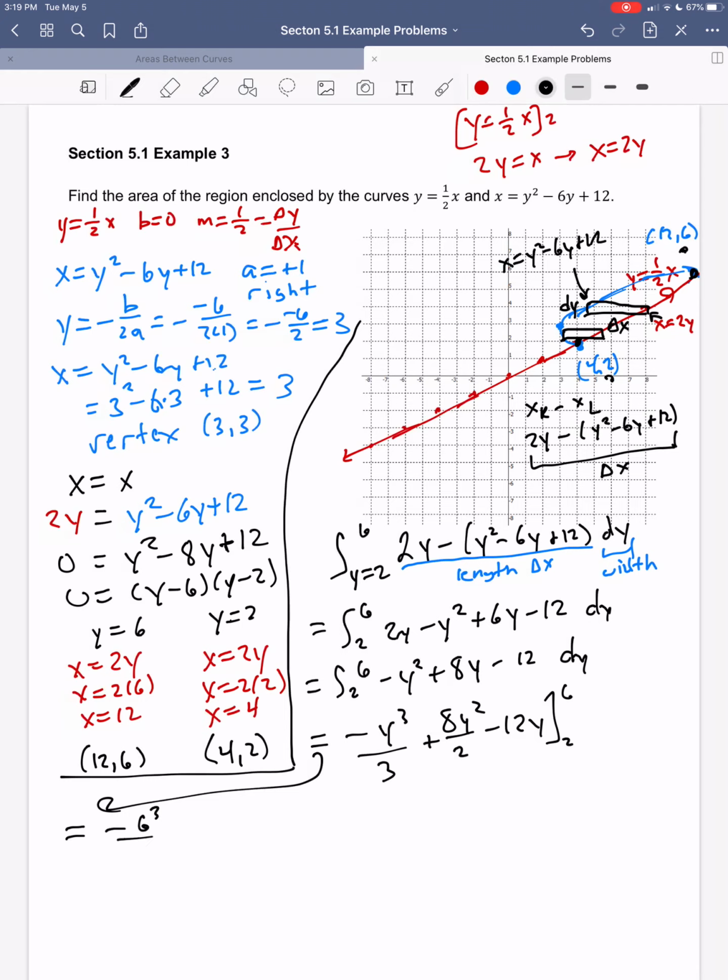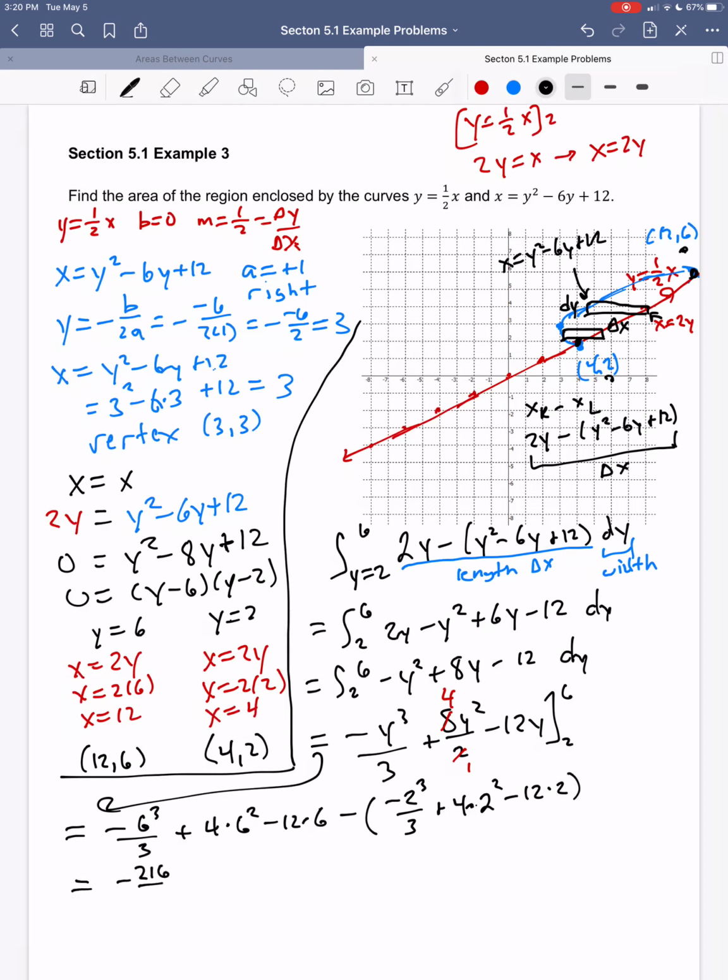Negative 6 cubed over 3 plus 8 over 2 is 4, right? So I get plus 4y squared, 4 times 6 squared, minus 12 times 6, and then minus, parentheses, negative 2 cubed over 3, plus 4 times 2 squared, minus 12 times 2.